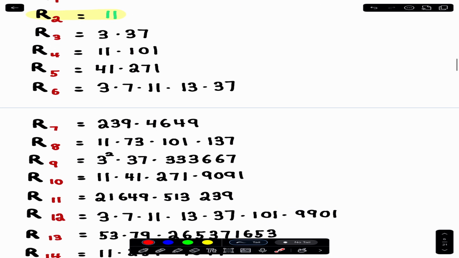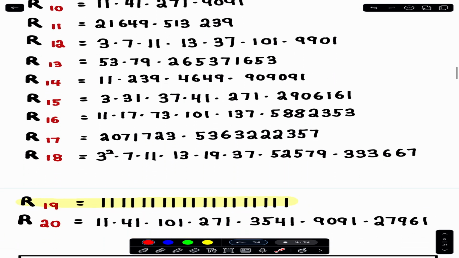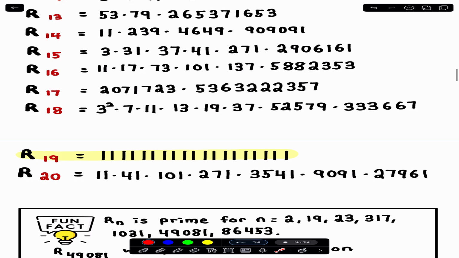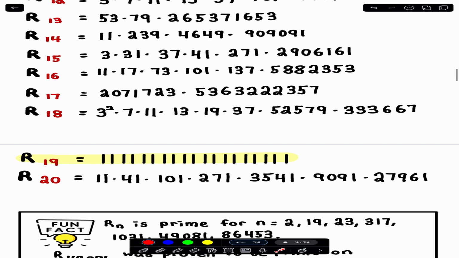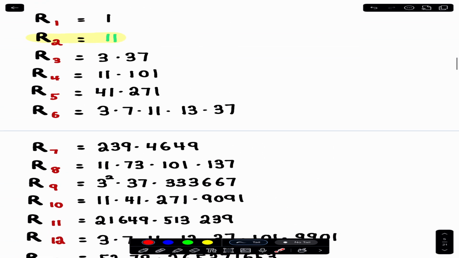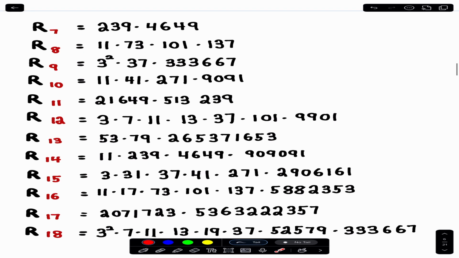So the list goes on, and we can see it takes quite a little while until we get to the next prime, which is actually the 19th rep unit. So there are 19 copies of this one, and that is the next prime. So from the second rep unit to the 19th rep unit, there is no primes.